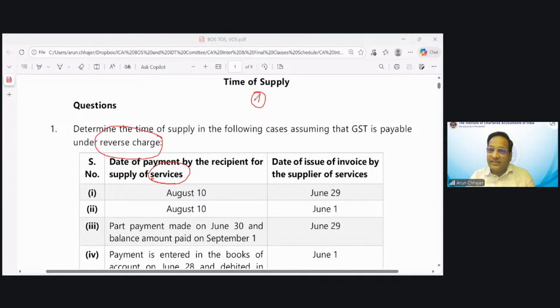First, let us talk about the provision. So the earliest of the below three, what are the three?